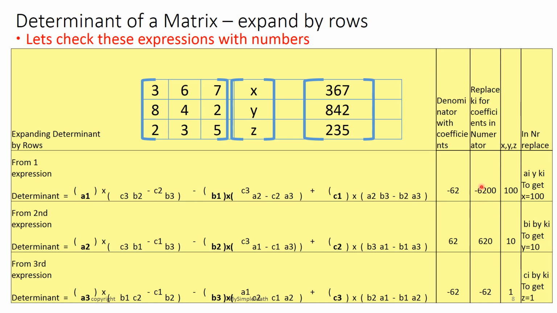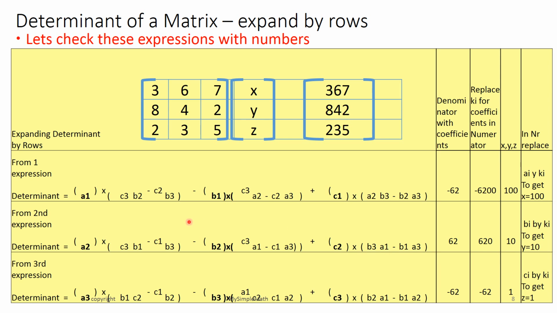So once you do that, you can easily get x is equal to 100. Similarly, here b1 has to be replaced by k1, b2 here has to be replaced by k2, and b3 and b1 right here have to be replaced by k3 and k1 respectively.